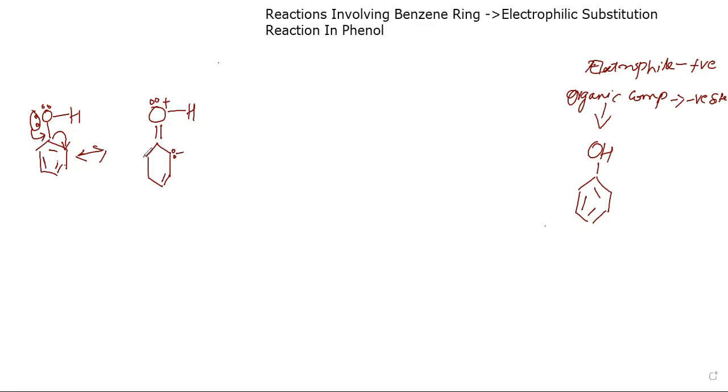This will remain, and this will remain. Now, this will again move, since this lone pair will move into the benzene nucleus. Now, this will also move, like this, to this position, and this position we know is a para position. This is positive. It will move here.